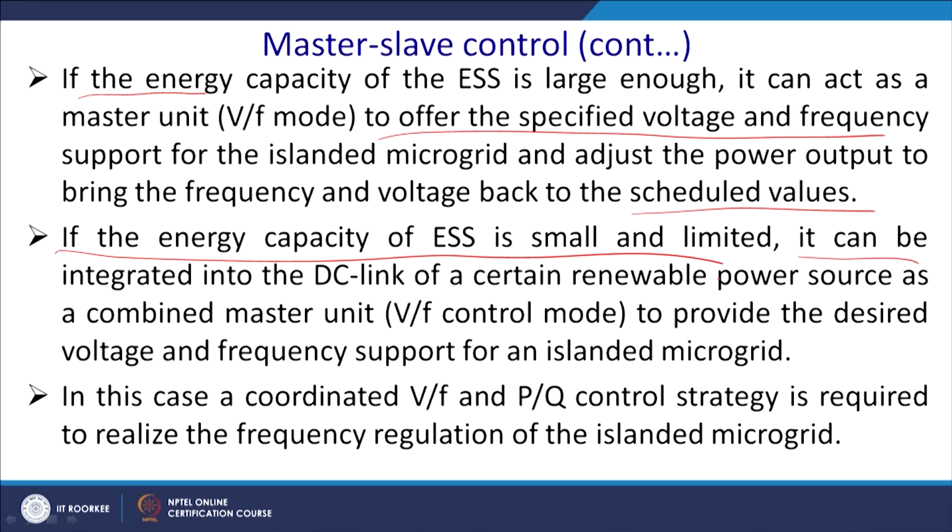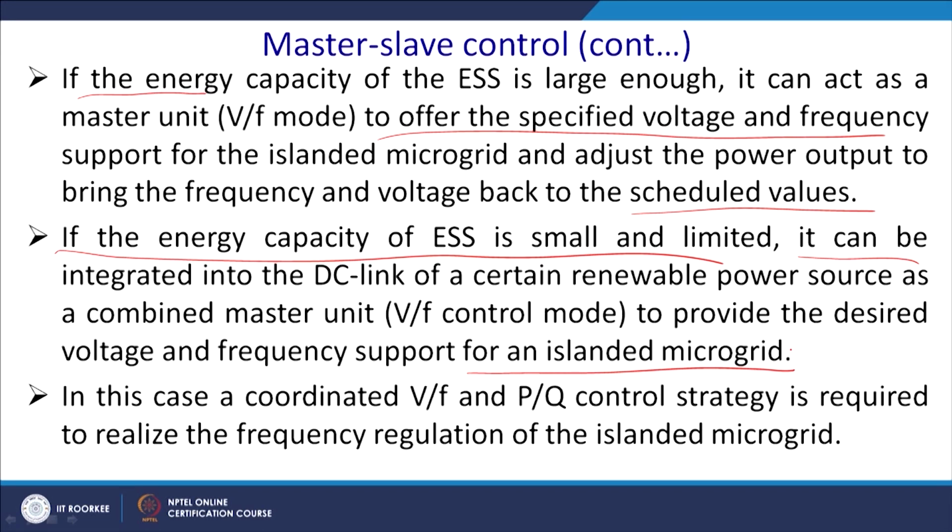If the energy capacity of ESS is small and limited, which is generally a practical problem, it can be integrated with the DC link of certain renewable sources as a combined master unit with V/F control to provide the desired voltage and frequency support for the islanding mode.